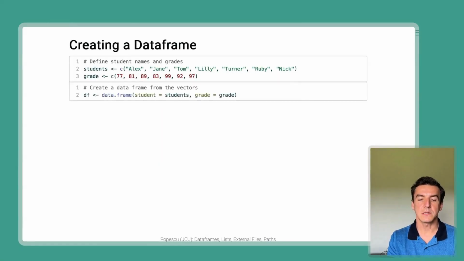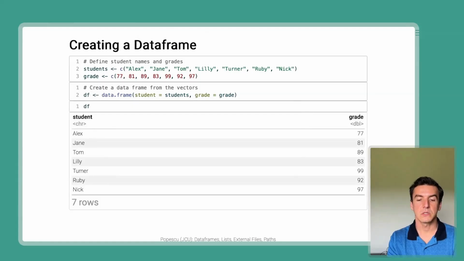Okay, let us create a data frame. The way we do this is by writing data.frame, and we have students equals students, and then we have grade equals grade. So this is going to produce a data frame called df, that looks like this.